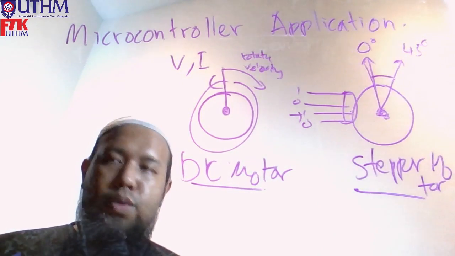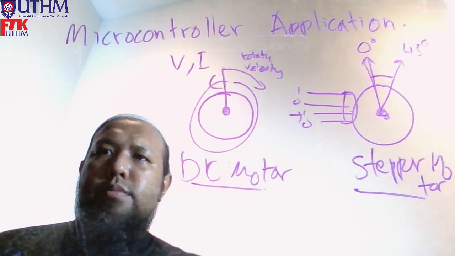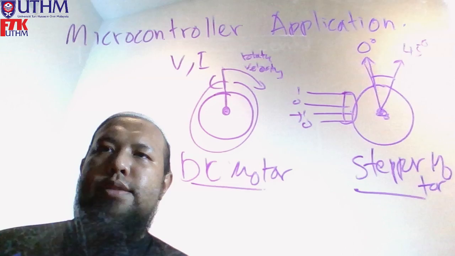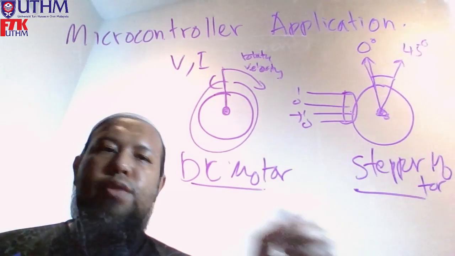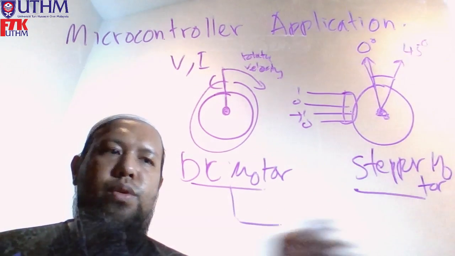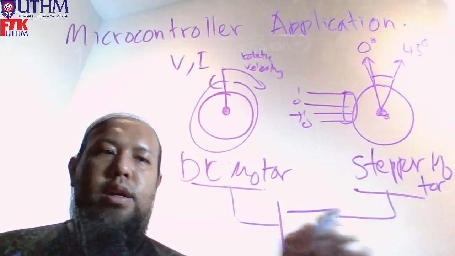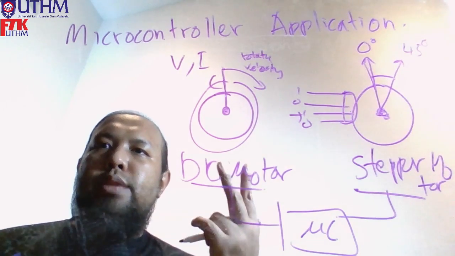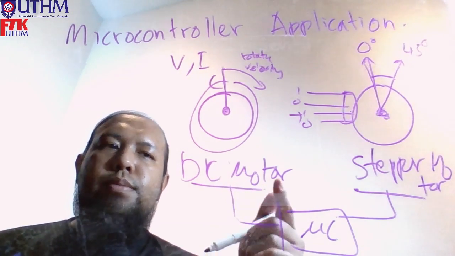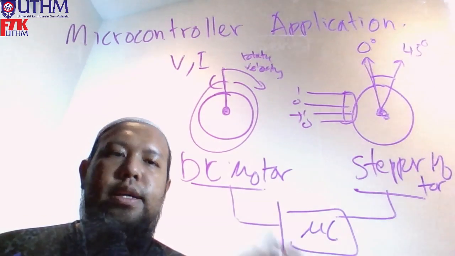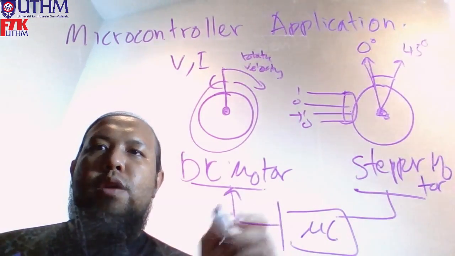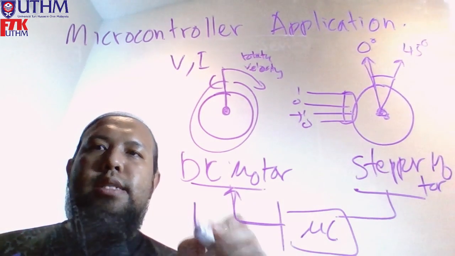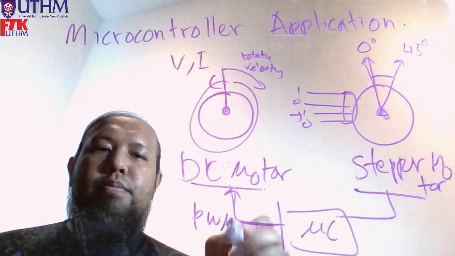Right, so in this video, before I forget, both of these we can control using our microcontroller. There are two ways that you can control the motor here. If you want to control the speed of your DC motor, you have to feed in what they call a PWM pulse.